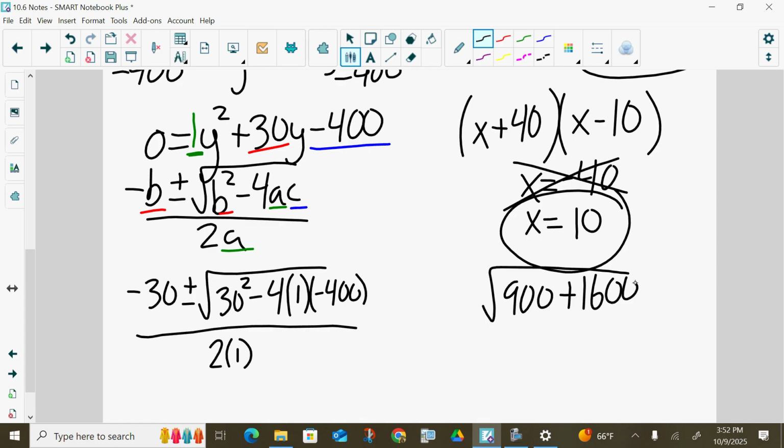All right, let's keep going. And we have negative 30 plus or minus still out front, all over 2.